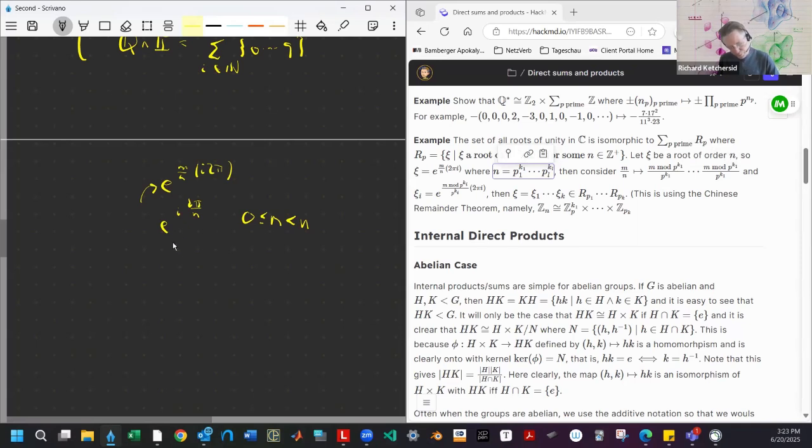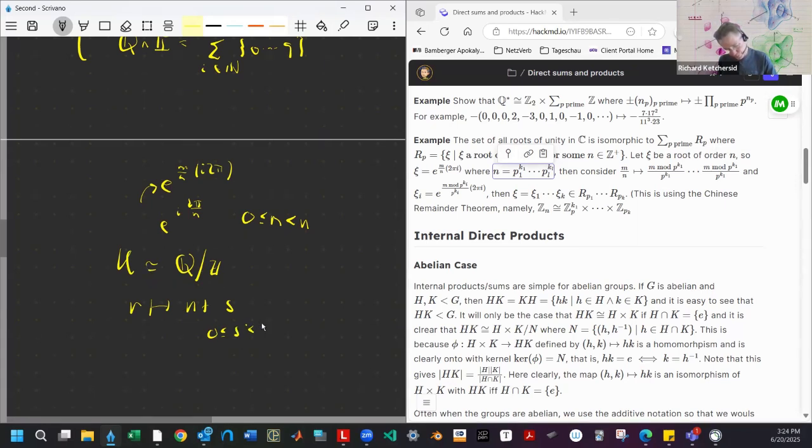Well, those are actually isomorphic to, so if I call the roots of unity U, that's isomorphic to Q mod Z, right? So if you think about this, it's like I'm taking a rational and mapping it into some integer part plus a rational part, where this rational part here is between 0 and 1. So we're taking a mod 1 over the rationals, right?